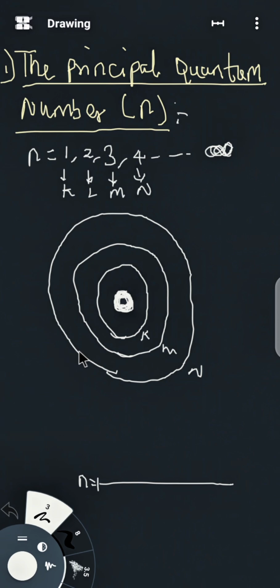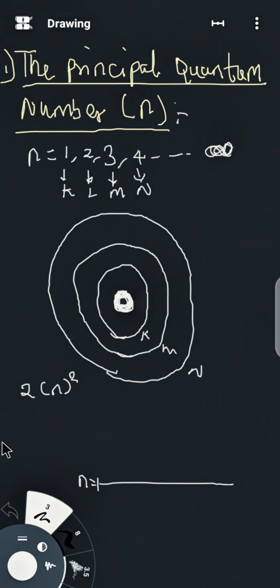To know how many electrons a particular shell can handle, we use a general formula, 2n squared, to determine the maximum number of electrons each shell can hold. The n there represents the principal quantum number.